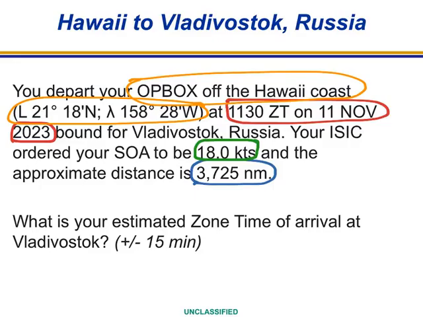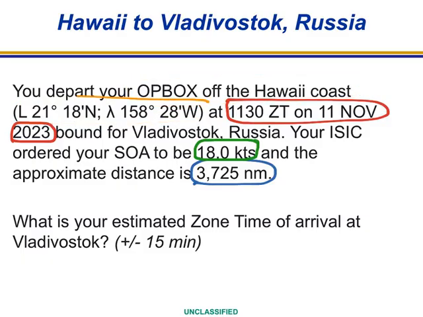Just like in SurfNav, we teach you, if you're in a port, or if you're departing from a port, or you're arriving at a port, or an Anchorage or anything like that, anytime you need to interact with those port authorities, you need to be using their civil time, whatever time they use, and that's based off of politics, not off of longitude. Here, since we're off the coast of Hawaii and we're in an op box, we're just going to use what zone description we should be in based off of our longitude.